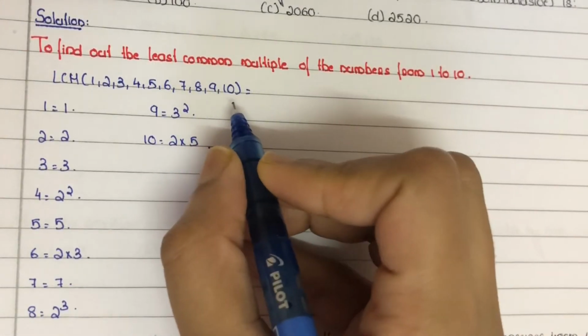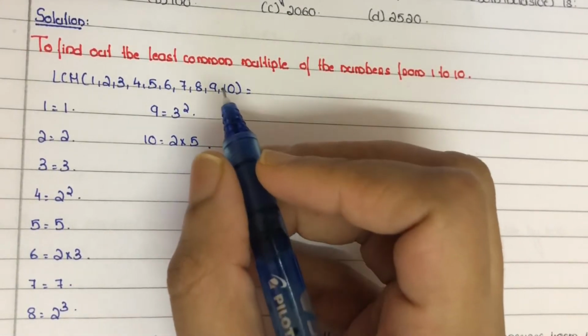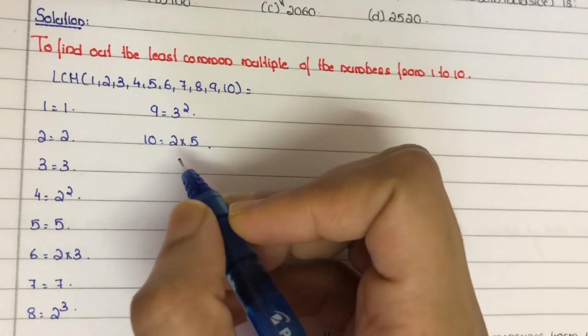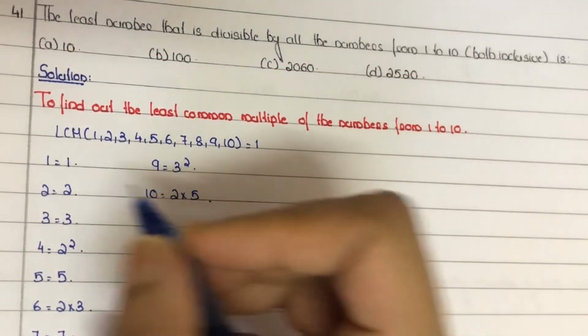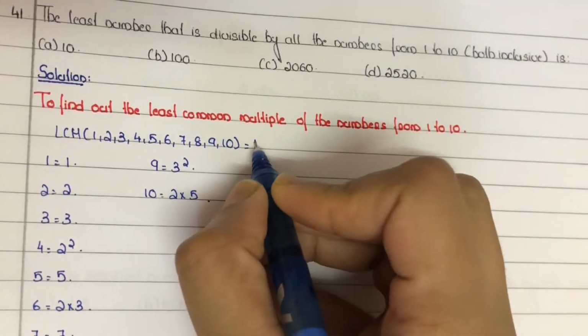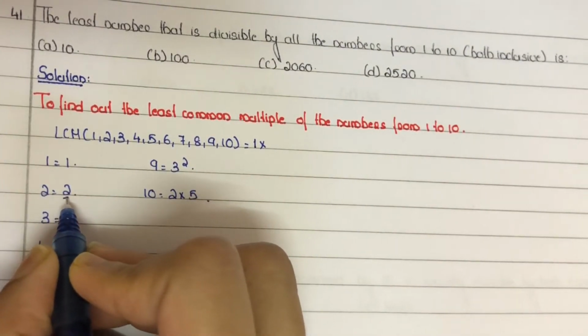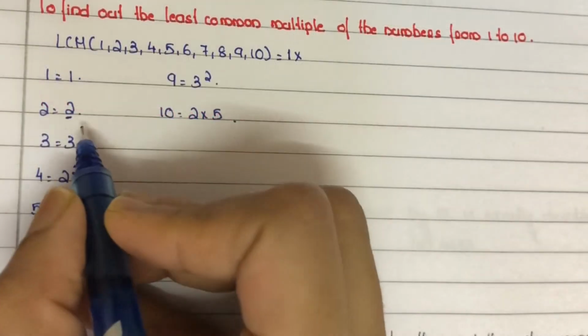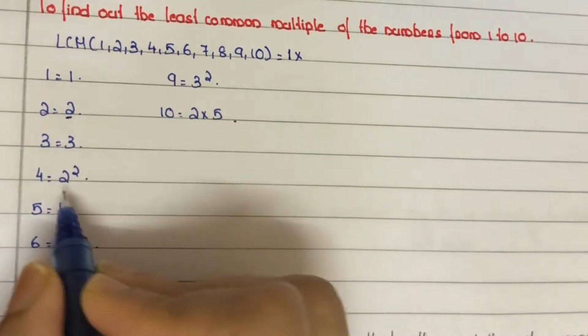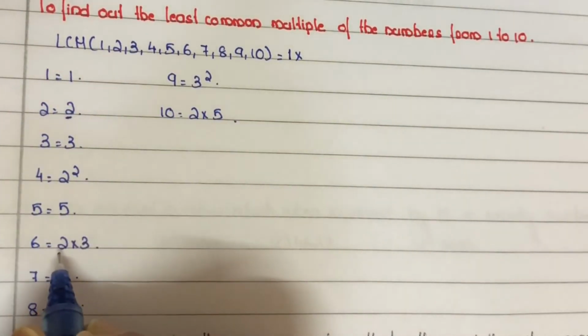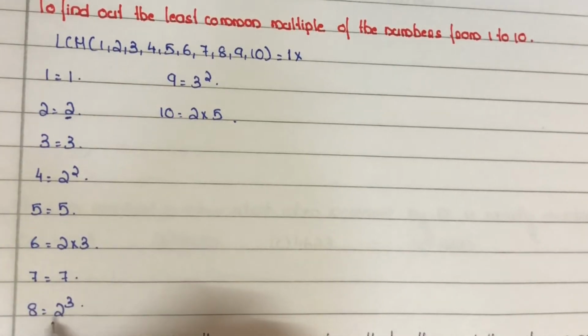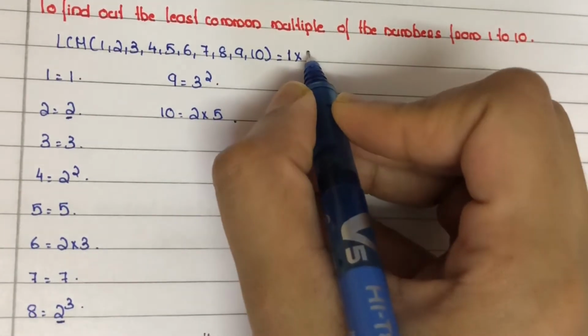Now what is LCM? LCM is the product of the highest power of each factor involved. First factor is 1, into second, 2. Here 2 raised to 1, 2 raised to 2, 2 raised to 3. So 2 raised to 3 is the highest power.